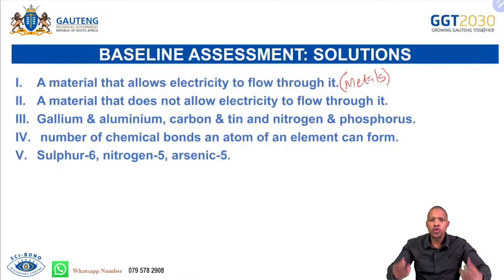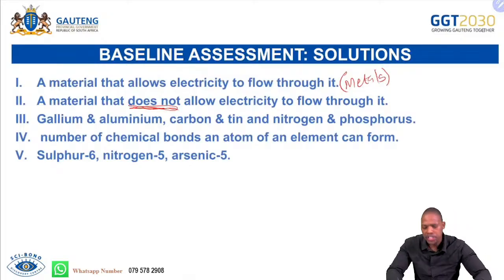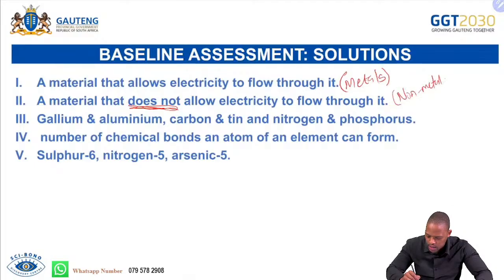An insulator is a material that does not allow electricity to flow through it. Usually in the periodic table, we identify these as non-metals. This is what we did in grade 10: metals are usually conductors, and non-metals are usually insulators.